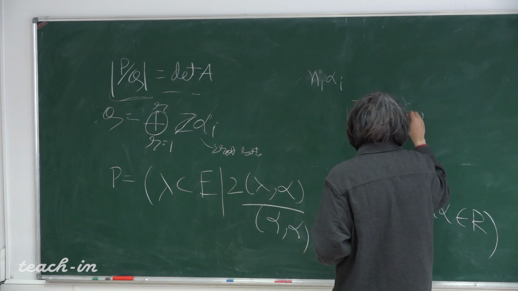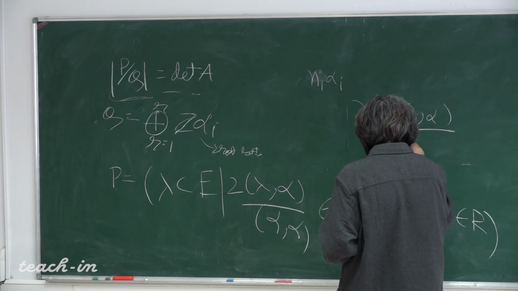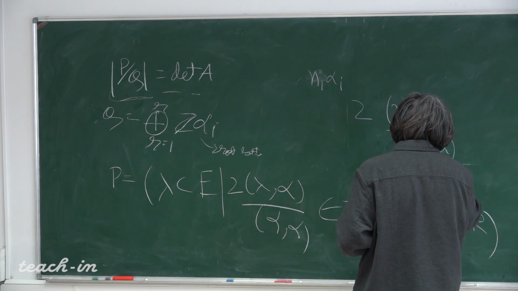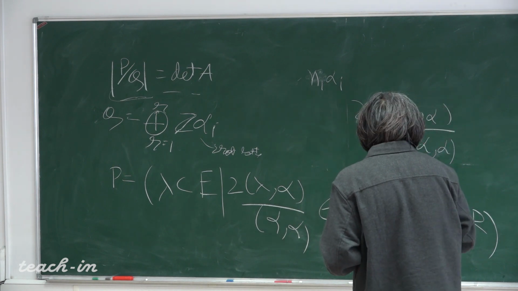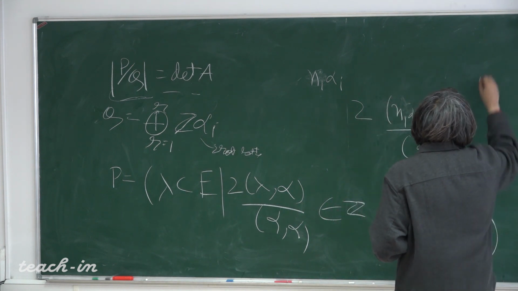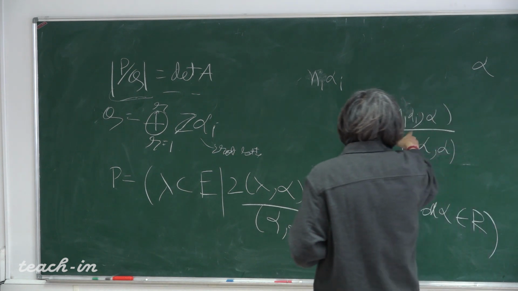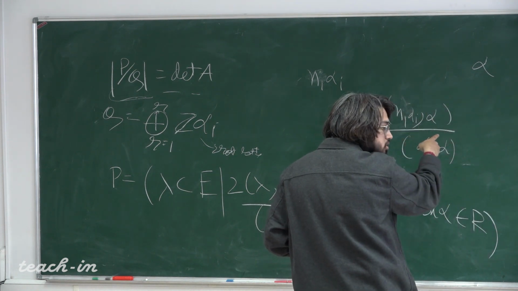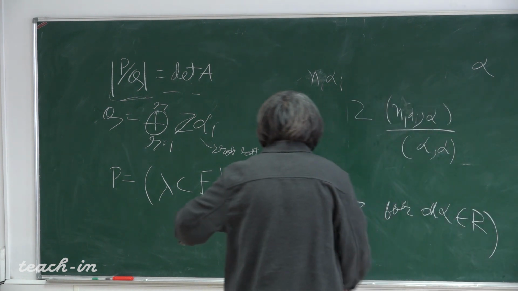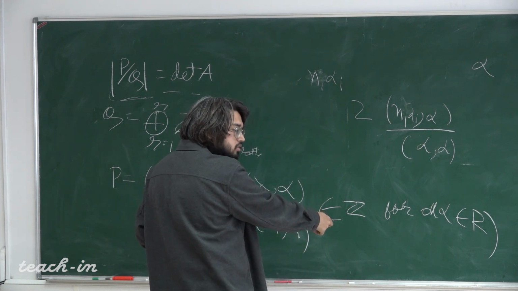An integer and... So what do you need to check? We need to check that this whole thing is an integer. So why is it an integer? I mean, no, it's not known to be an integer. We need to check that it is an integer.